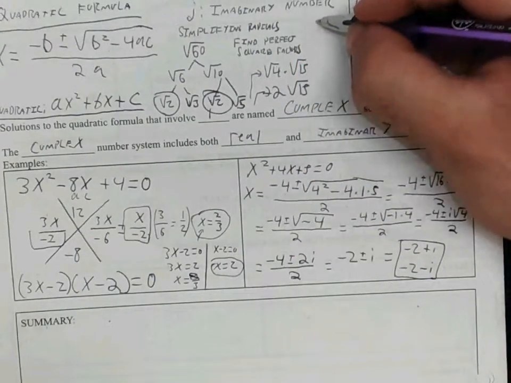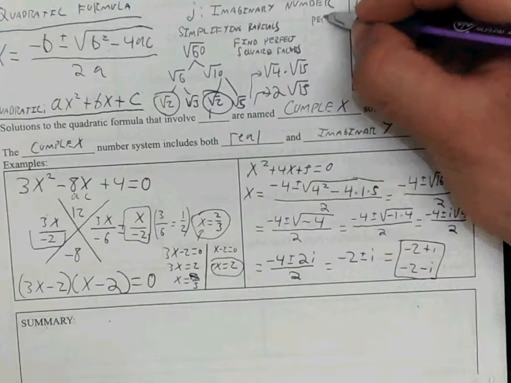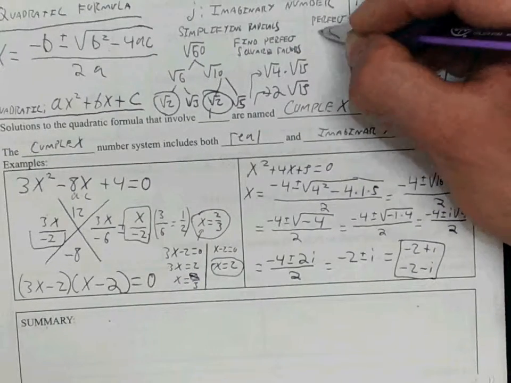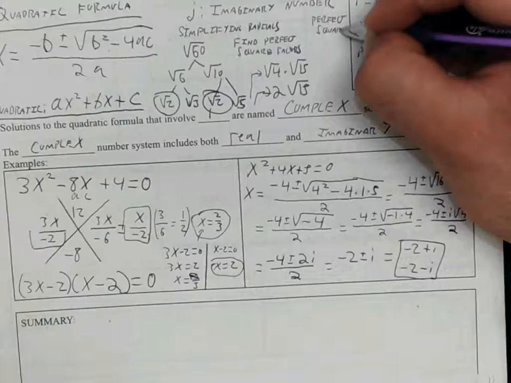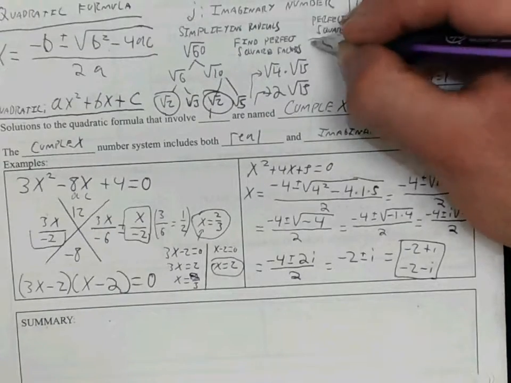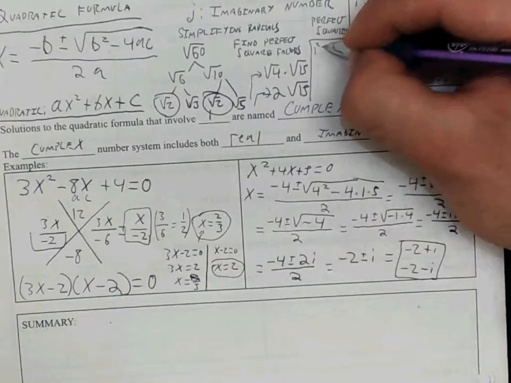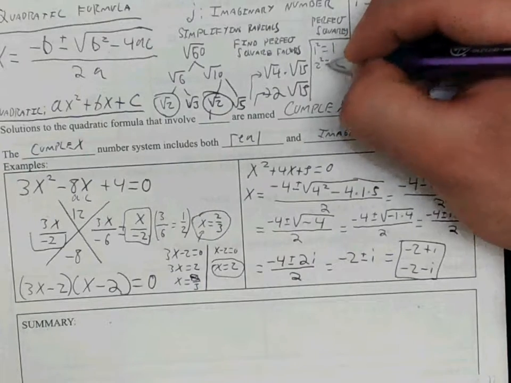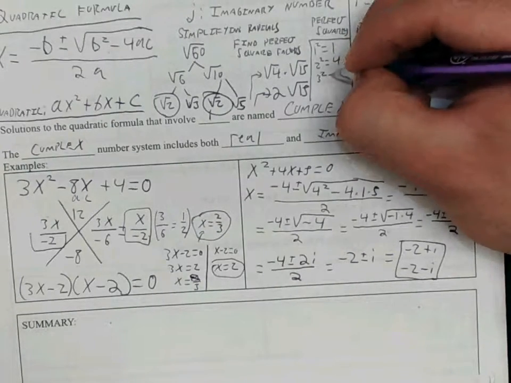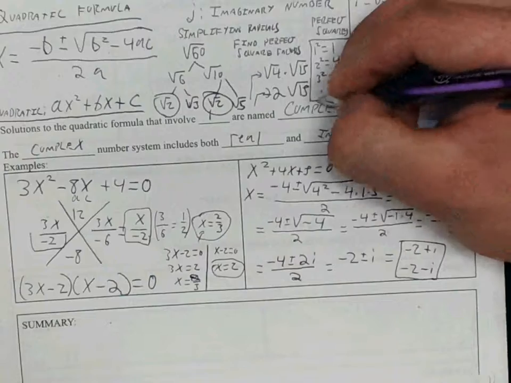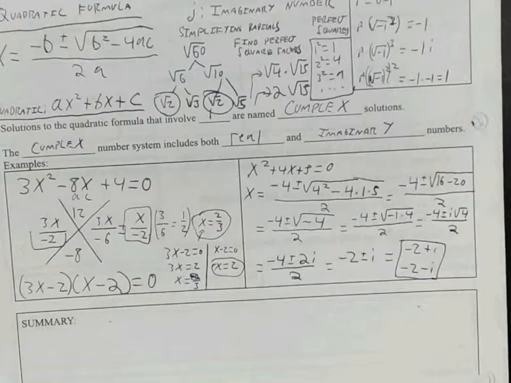And for example, perfect squares, as a refresher. Let's give just some examples. 1 squared equals 1, 2 squared equals 4, 3 squared equals 9, so you get the picture. All right, that's solving polynomials.